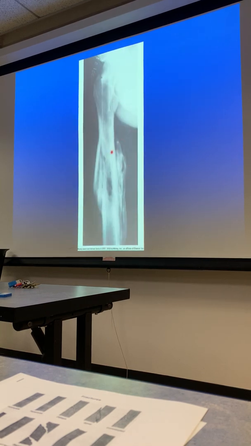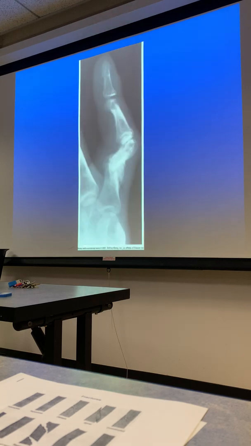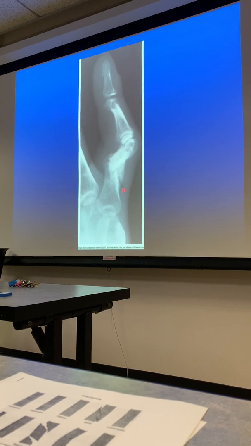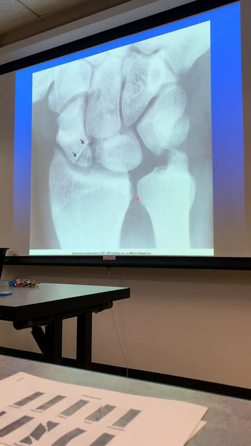Okay, so this is a normal union with the callus here. And this is a malunion, so this person didn't come in to try and get it straightened first, so it's just growing back like that. This is a navicular fracture that wasn't tended to, so this is when it's like 20 years later.